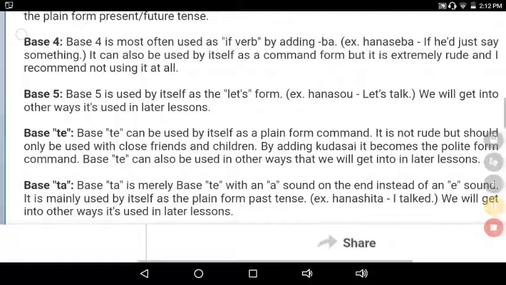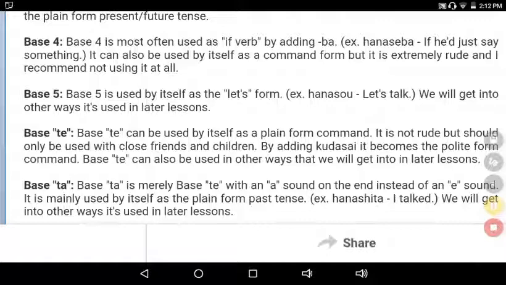Base 4 is most often used as if by adding ba. Example, hanaseba. It can also be used by itself as a command form, but is extremely rude, and I recommend not using it at all.